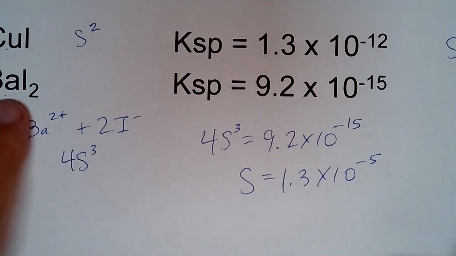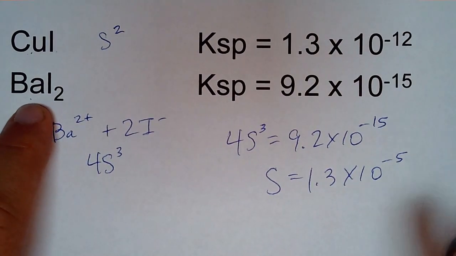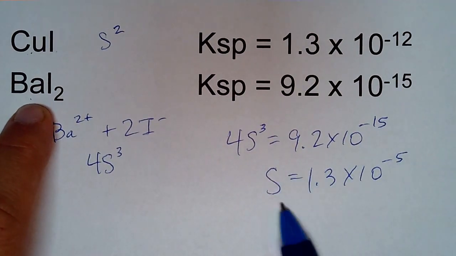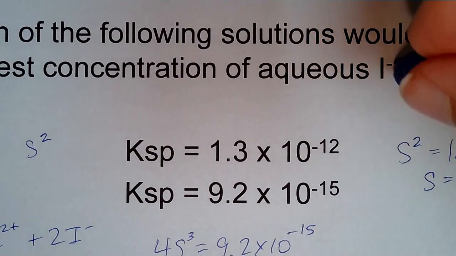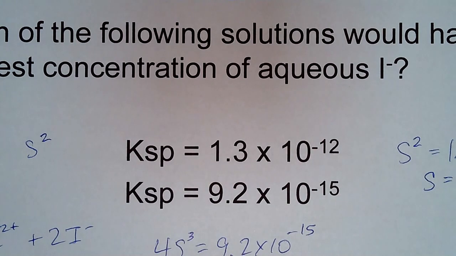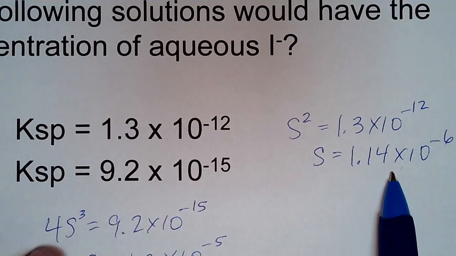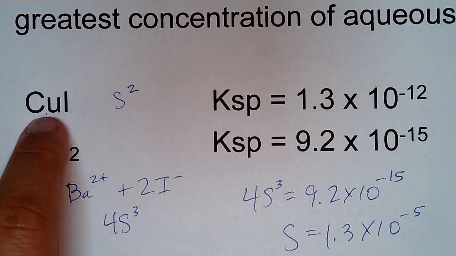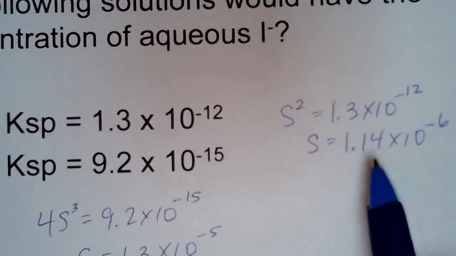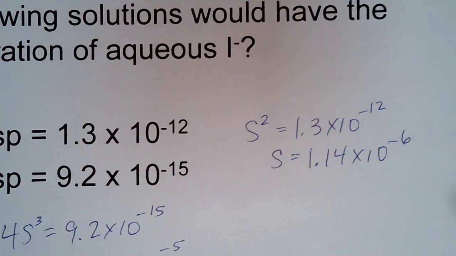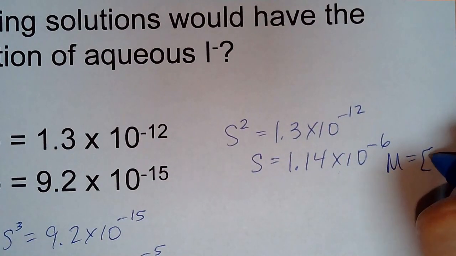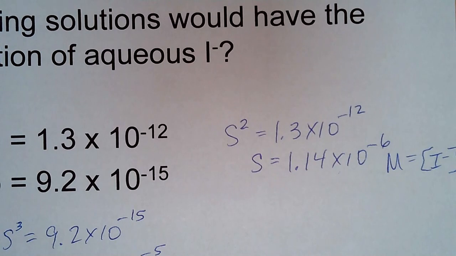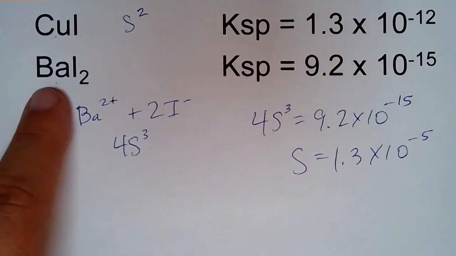Now in terms of which one's going to give us the greatest amount of I minus, we need to look at what s represents. So in the first one, for our copper iodide, our s represents the I minus. So this is going to be the same concentration. For our second one, BaI2, our I minus is going to be a 2s.